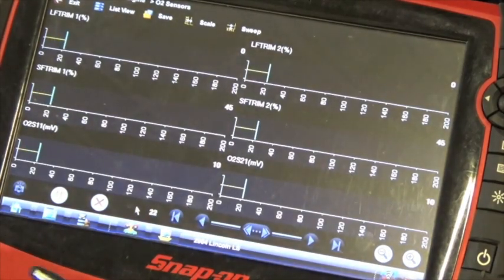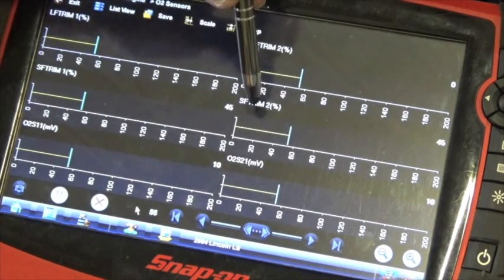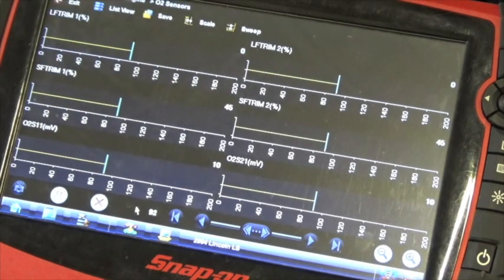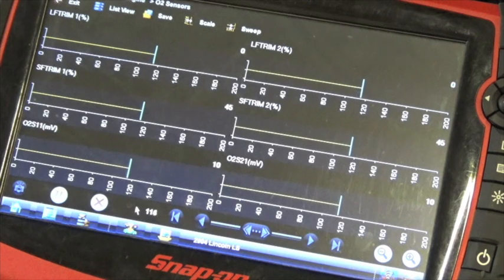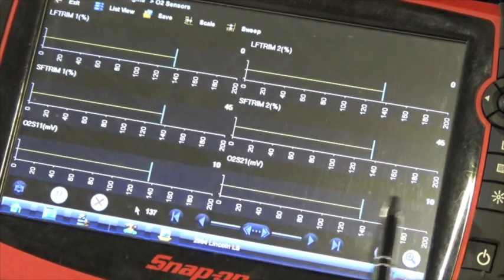So as you're looking at this, you can see my top is my long-term, the middle is my short-term bank 1, bank 2, and my oxygen sensor bank 1, bank 2. Now this is with the key on, but the engine is not running. And you can see that my oxygen sensors are just a steady value.